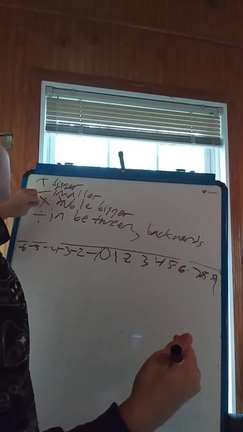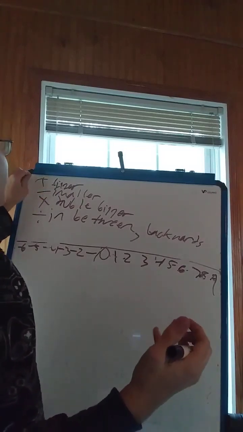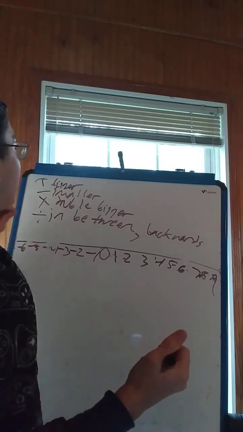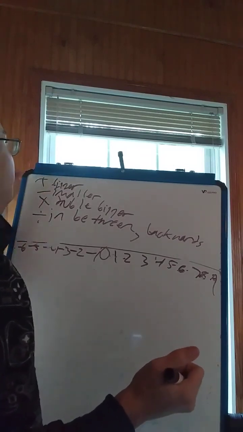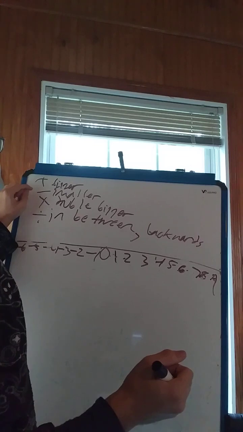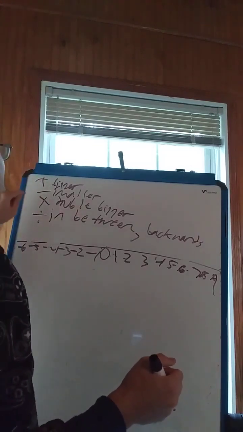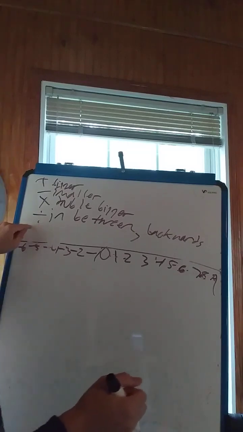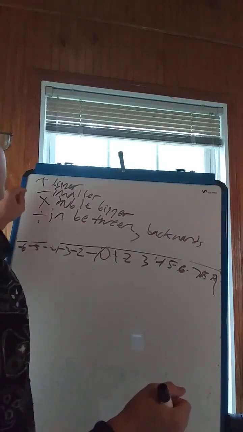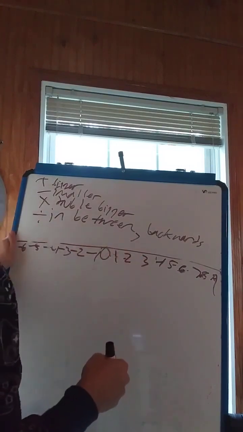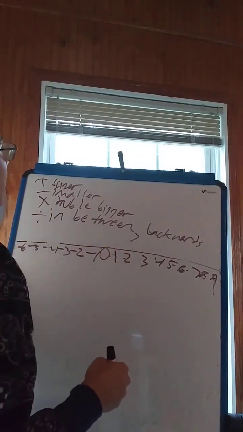If you think about it, you have your addition and then you have your multiplication. And then subtraction and division are linked. They're getting smaller.